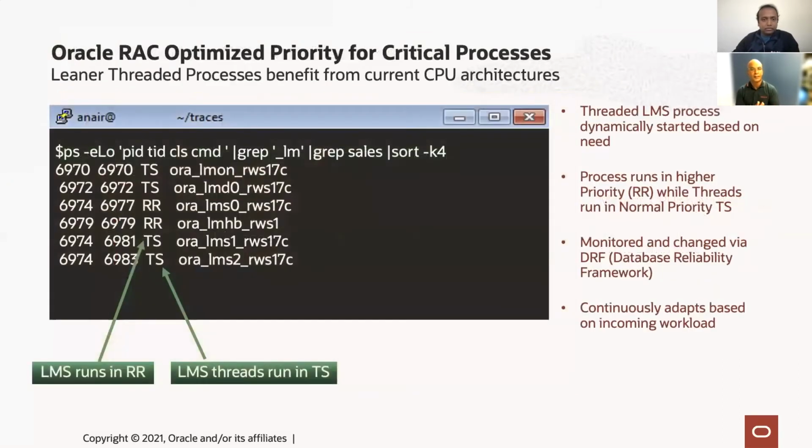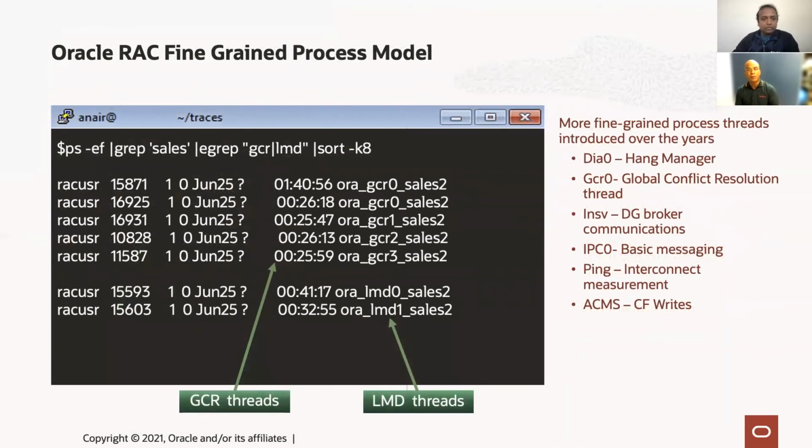Today we have critical processes which benefit from additional threads. LMS is having additional threads. Not only do we benefit from additional threads, we also optimize their priority. Similarly, for other critical processes like GCR, we have broken down the bigger process components into leaner threads, which can benefit as more cores are added to the system.